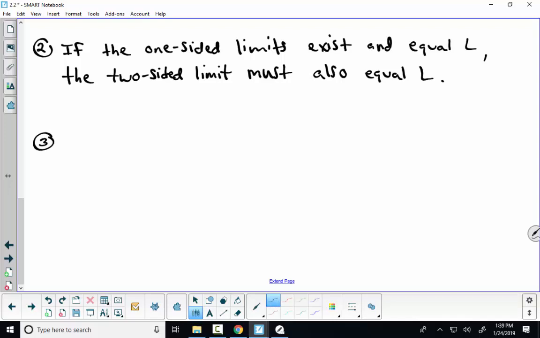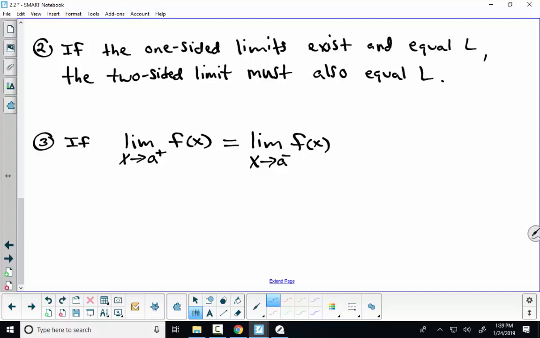Okay. So if the one-sided limits from the right and from the left are not the same, what do you suppose that means?